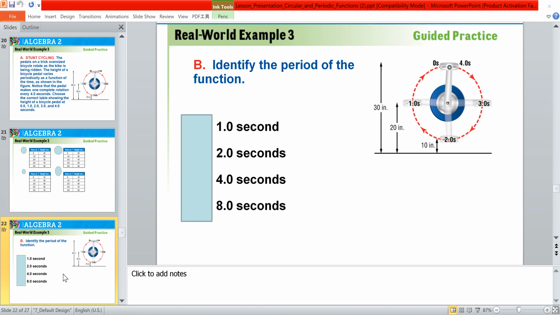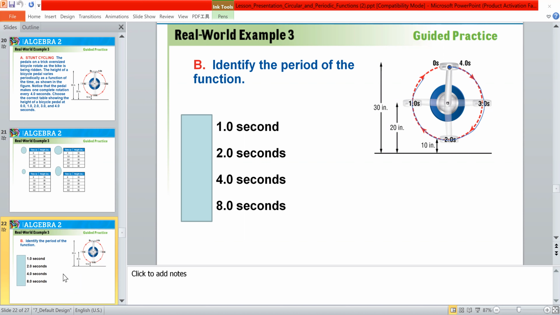Identify the period of the function. It means this pattern repeats after how many seconds? From the drawing, I start from here, it's 0, and then I go until I make a complete rotation.